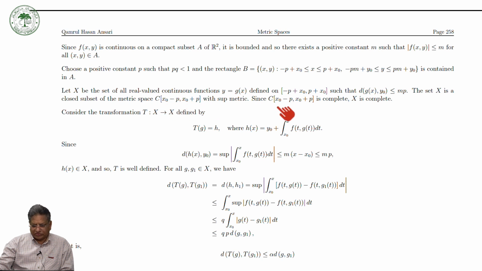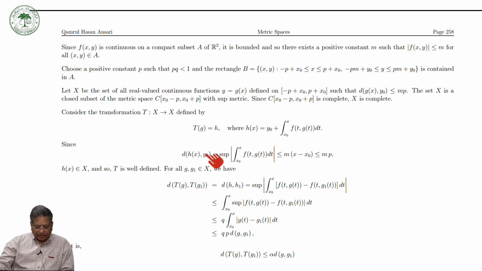And since this is complete and X is a closed subset of this, X is complete. Now we define a transformation T from X to itself. We define it in the following way: T of g is equal to h, where h is equal to y0 plus the integral from x0 to x of f(t, g(t)) dt. And then we will prove that this T is a contraction mapping.